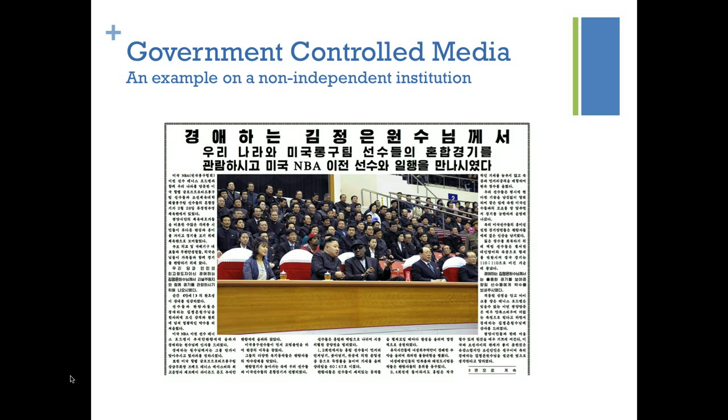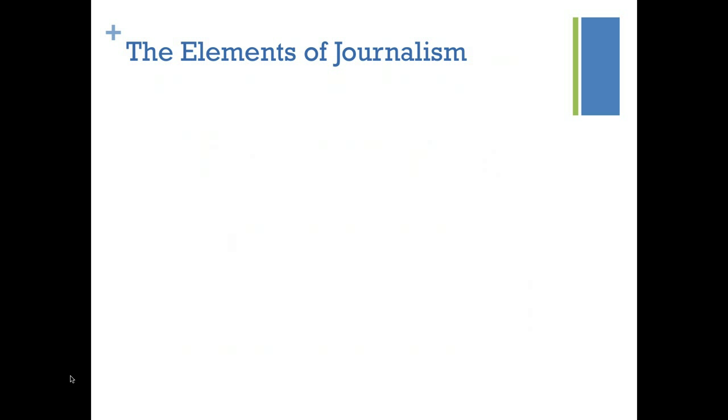There is nothing put in North Korean media that is not approved by the government, and that's something that we here in the United States don't have to deal with. We know that the information that comes to us in the media, at the very least, should be truthful and informative. Speaking of truthful and informative, our first obligation as journalists is to the truth.